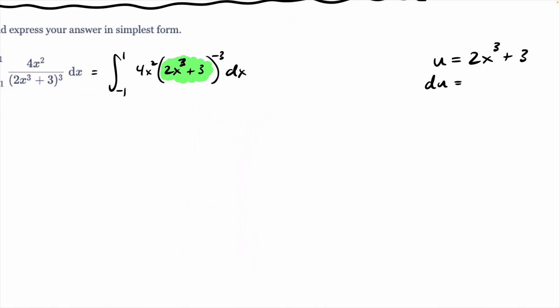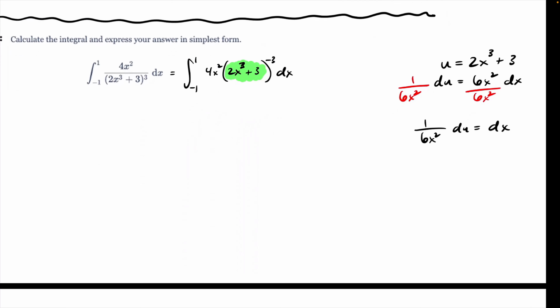Du is 6x squared dx. Divide to get dx all by itself, so you have 1 over 6x squared du equals dx.